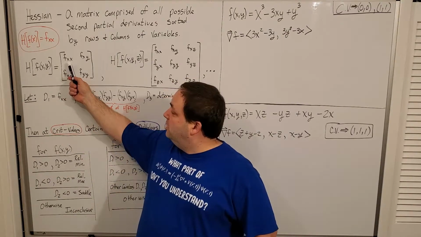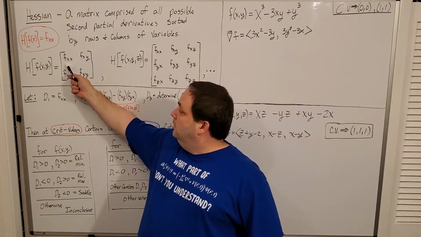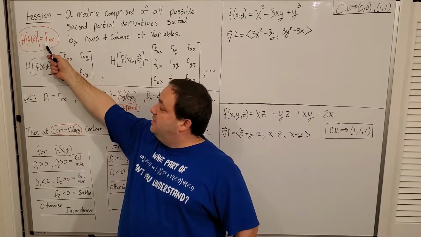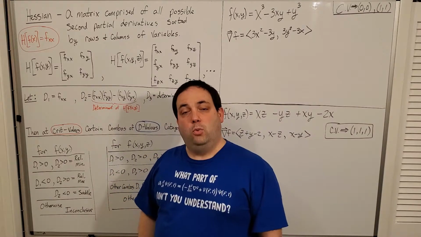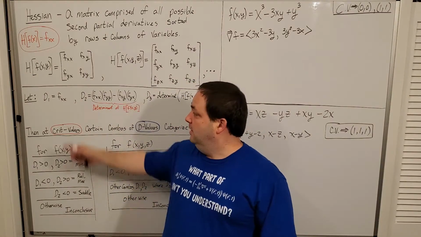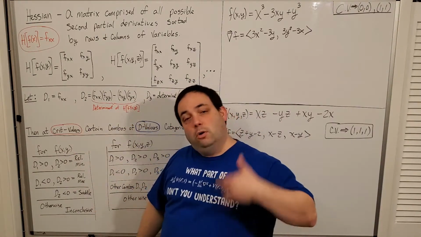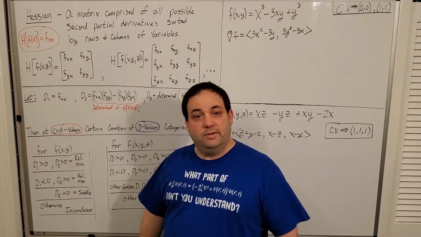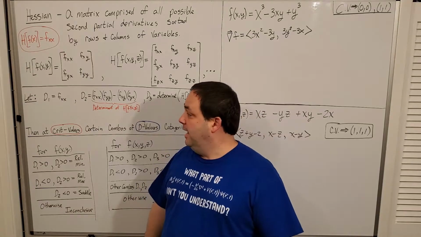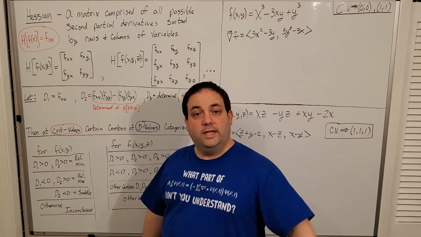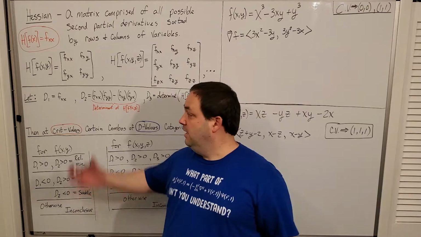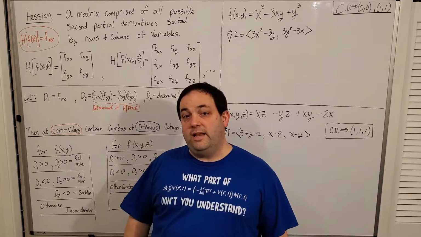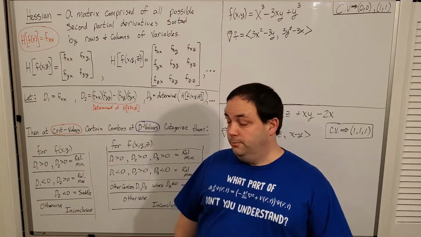So you'll notice that that is just the top corner of each one of these, right? And in the case of your Calc 1 variable functions, you would stop at D1. That would be your second derivative, in which case you would be doing your second derivative test like you always have. And whether it's positive or negative tells you if you have a maximum or minimum. This feeds directly into that, and that feeds from this too, okay?